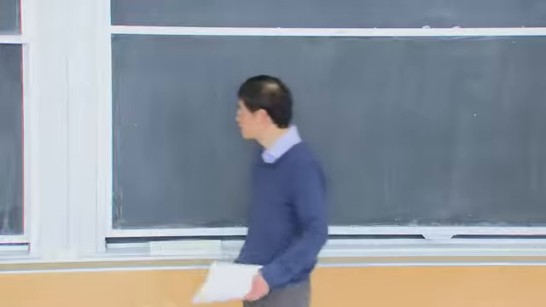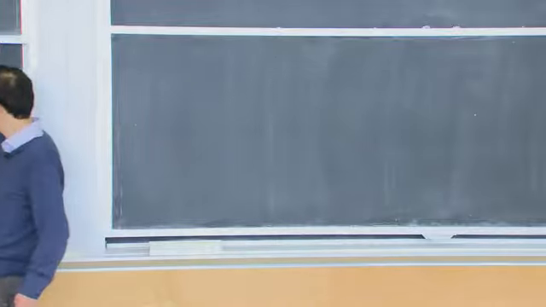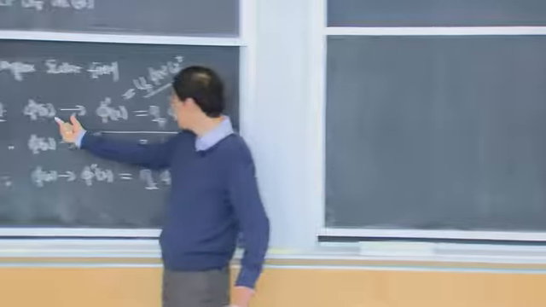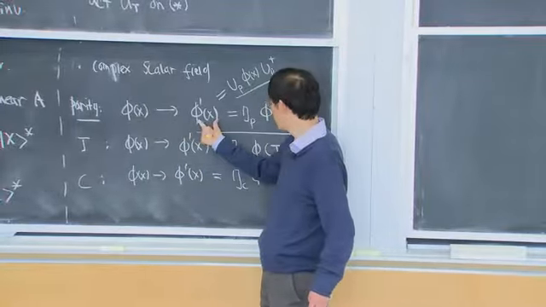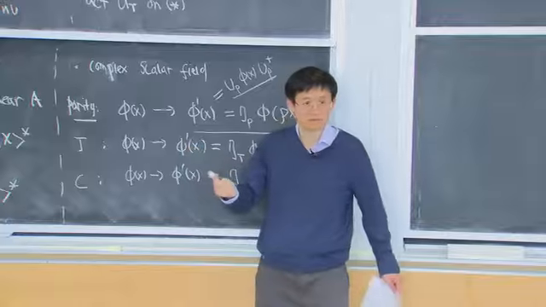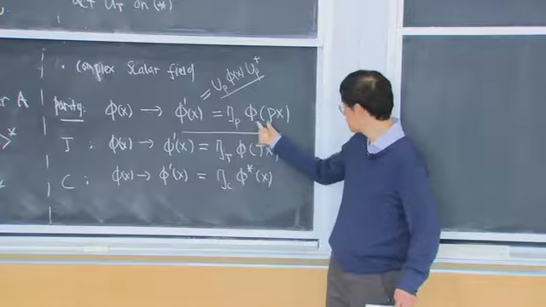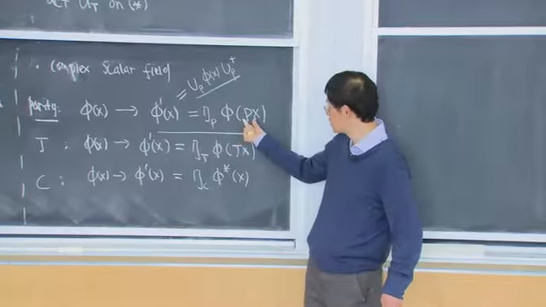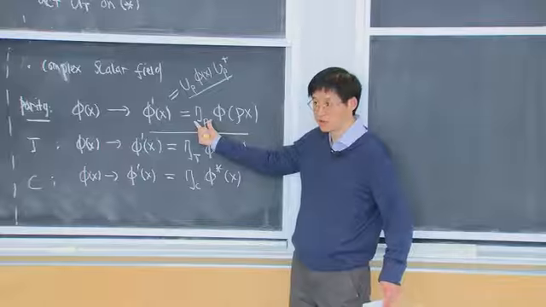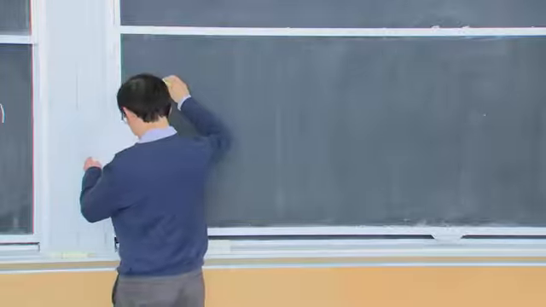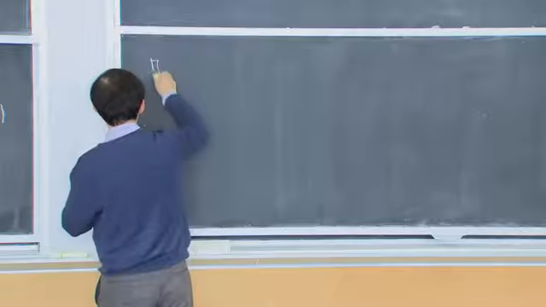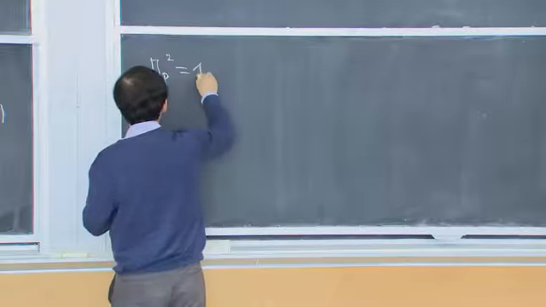So when you do it twice, phi should come back to itself. And indeed, this P squared comes back to itself. But then this phase should also come back to itself. So that means eta_P squared should be equal to 1.